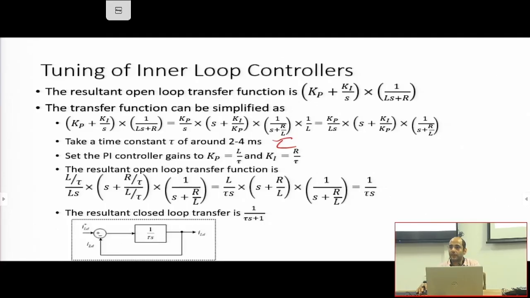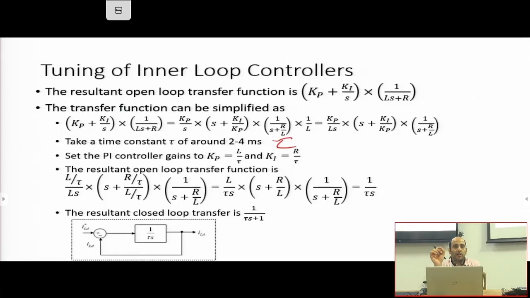Open loop. So if open loop is 1 by tau s with a feedback of just 1, the closed loop becomes 1 upon 1 plus S tau. So you get a very simple first order transfer function between ILD star and ILD. That means as soon as you get an ILD star, after a certain settling time, which can be treated as 3 times the time constant or 5 times the time constant, we get the actual current.